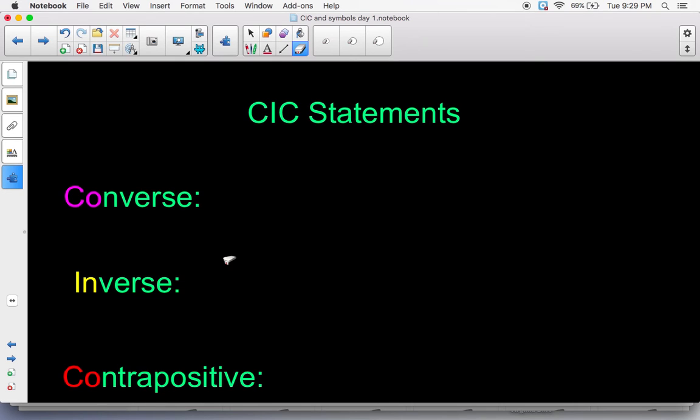Now, a conditional statement can be written in three other ways. They are called the converse, the inverse, and the contrapositive. Okay?